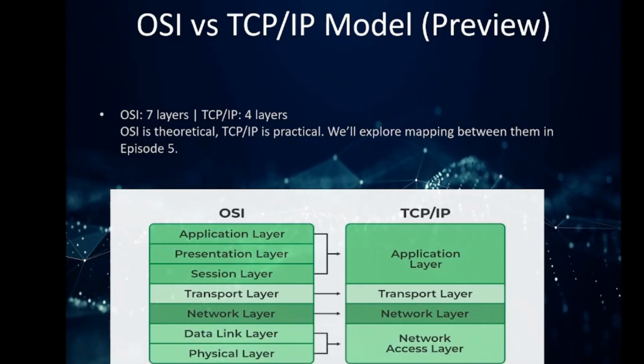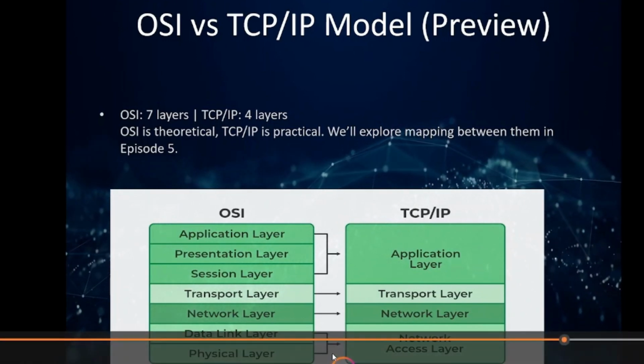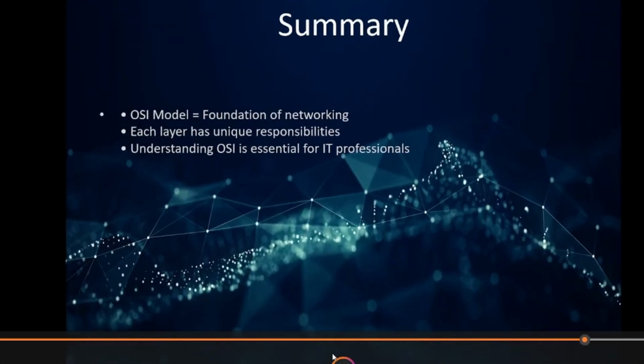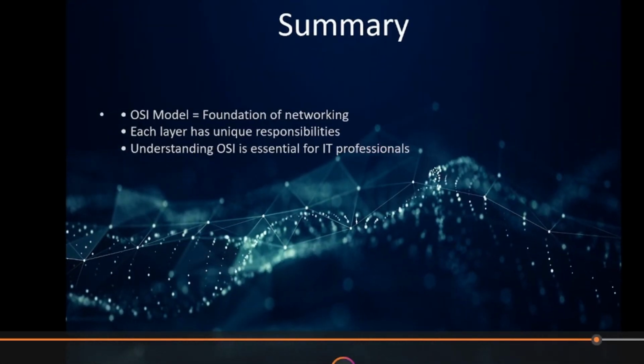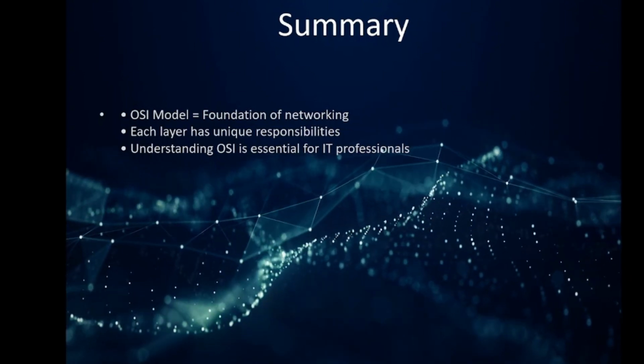The OSI model is theoretical and used to understand concepts, while the TCP/IP model is a practical model actually used in real-world networking. So, the OSI model is like the blueprint of networking. It helps us understand how communication happens step by step.